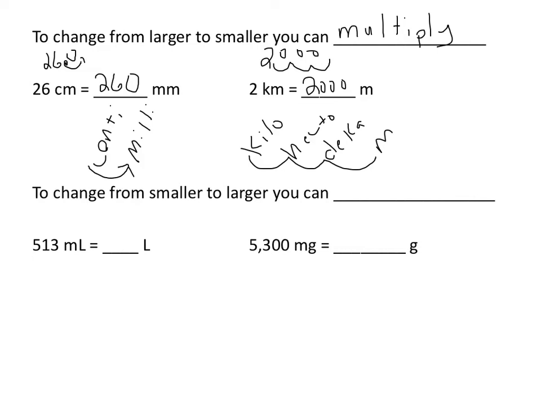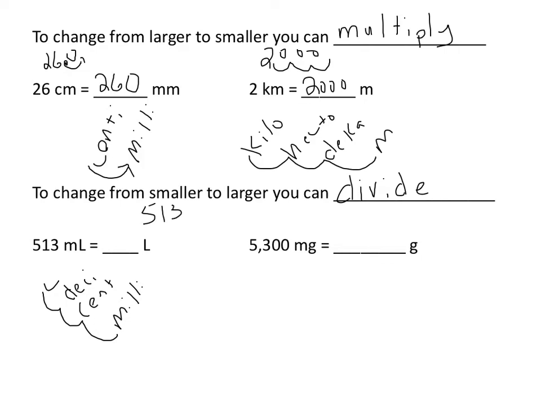To change from smaller to larger, we can divide, or we can move our decimal point to the left. So if we have milli, centi, deci, and liter, we're starting with milliliters, 1, 2, 3 to the left.